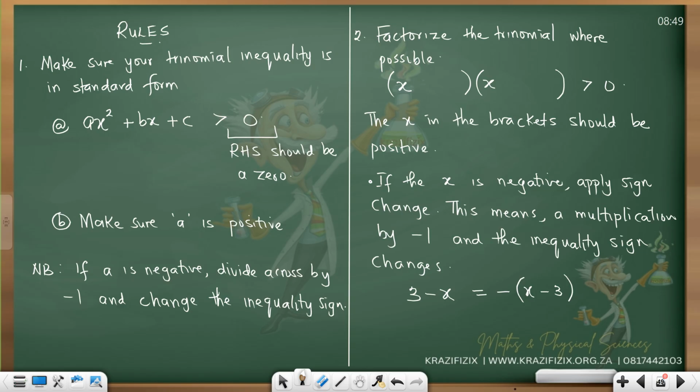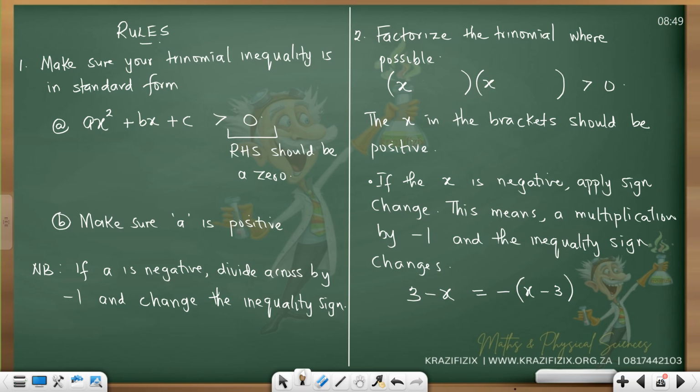I don't want the minus on the x, so I'm applying a sign change rule. I'll show you how to do this when it comes to the inequality part, but this is just what sign change means. You would notice I have changed the position of the 3 and the x.